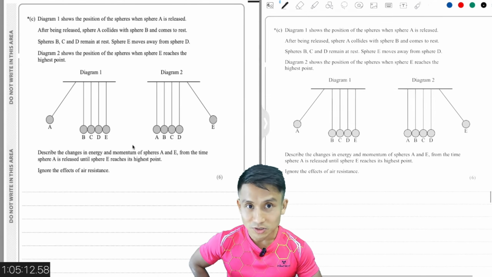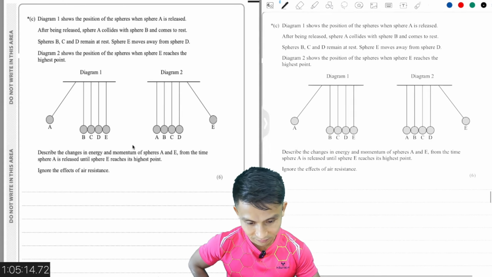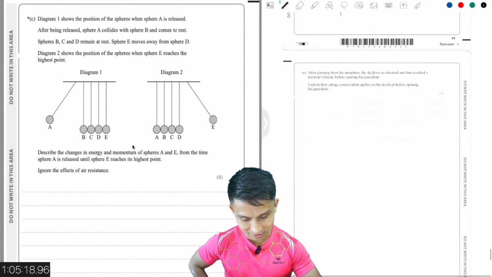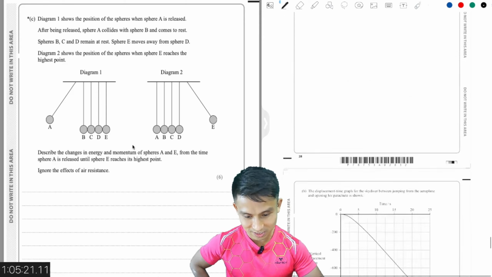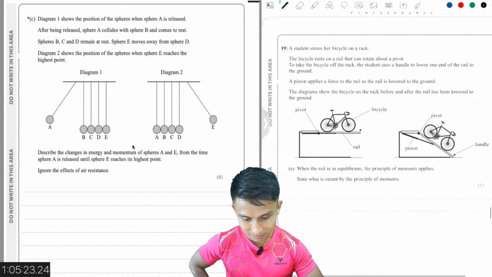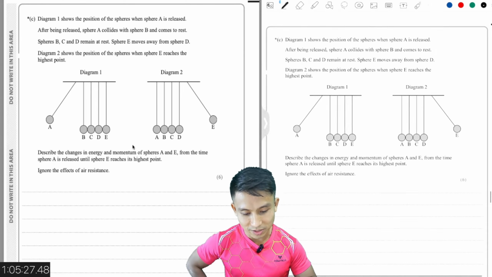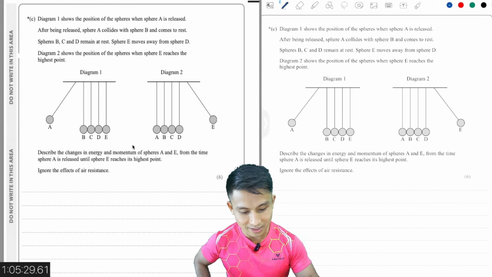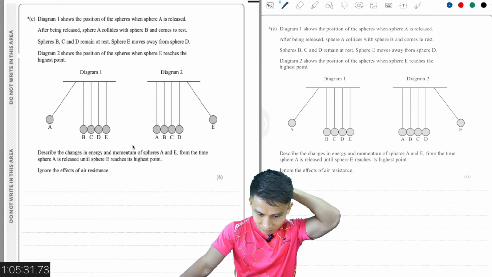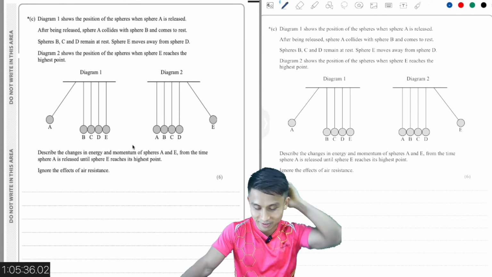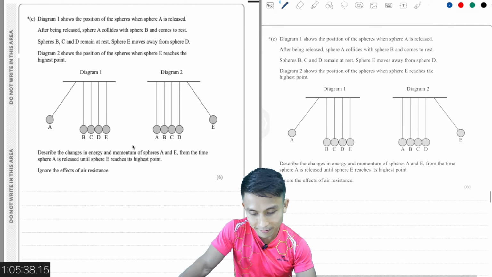Diagram 1 shows the position of the spheres. Can I just check how many questions are left? Oh, quite a lot of questions. Am I going to make it? Let's see. Describe the changes in energy and momentum of spheres A and E. This is a 6-marker. From the time sphere A is released until sphere E reaches the highest point.